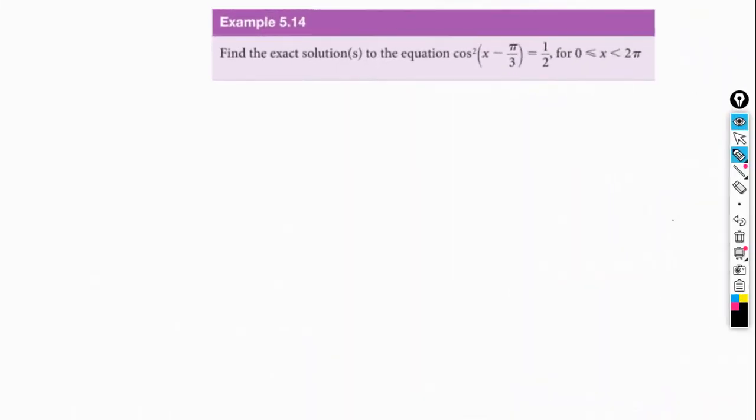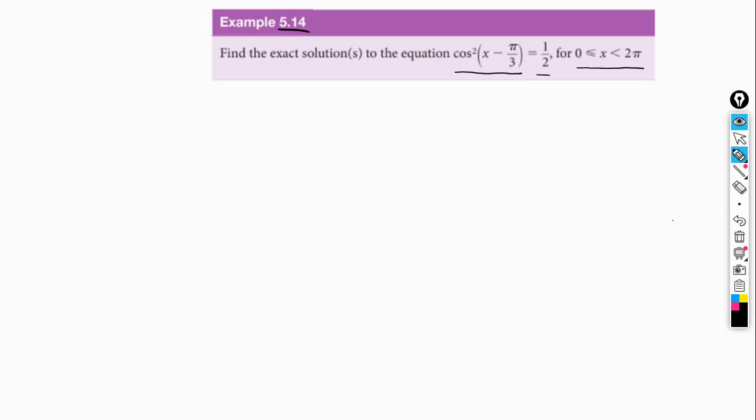So now let's take a look at example 5.14, and they ask us to find the exact solution or solutions to the equation cosine squared of x minus pi thirds is equal to 1/2 for an x between 0 including 0 and 2 pi not including 2 pi. So they want the answer in radians.